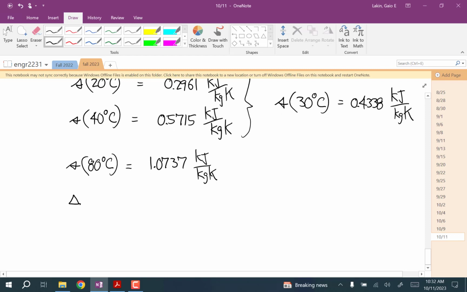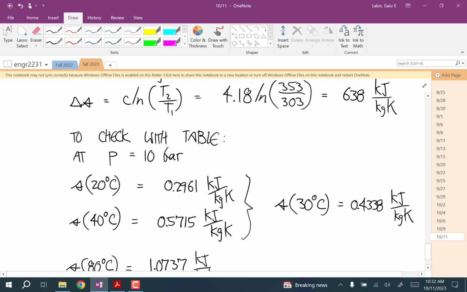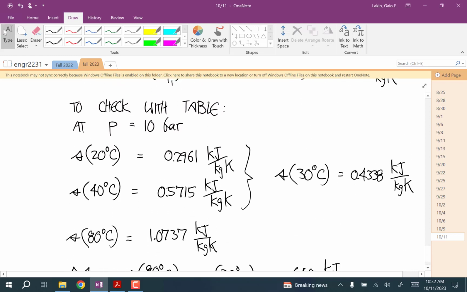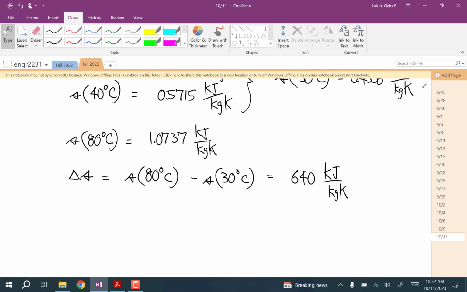And so the change in specific entropy is specific entropy at 80 minus specific entropy at 30, and you get 640 kilojoules per kilogram Kelvin. So you can see percentage-wise, that's a really good fit. By using that simplified model, we got 638. The actual value from the tables is 640.